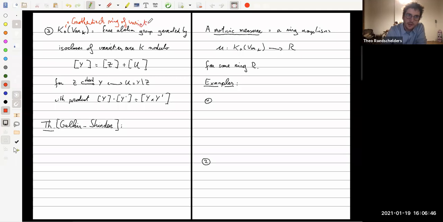Sorry, I have this very cheap tablet, so my writing is even worse than usual. And so by definition, this is the free abelian group generated by the isomorphism classes of varieties over K. And we mod out by these so-called scissor or cut and paste relations.